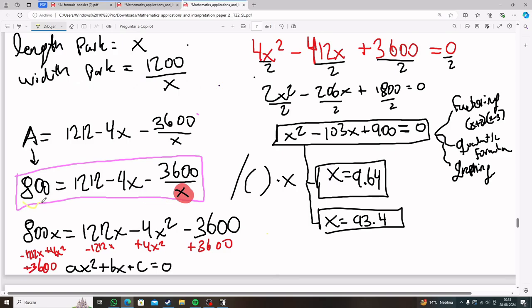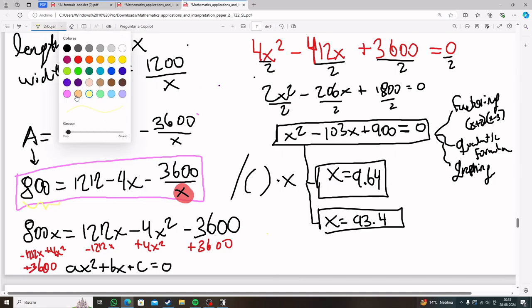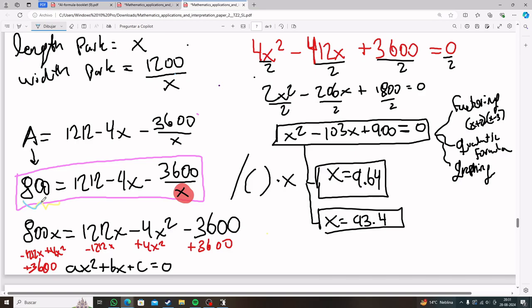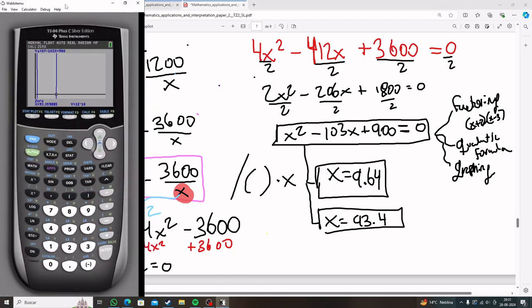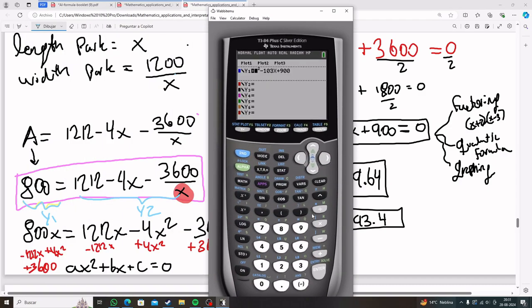So your other tool is calling this y1 and then calling this y2. So 800 will be y1, and y2 will be this guy here, the 1212 minus 4x minus 3600 divided by x.